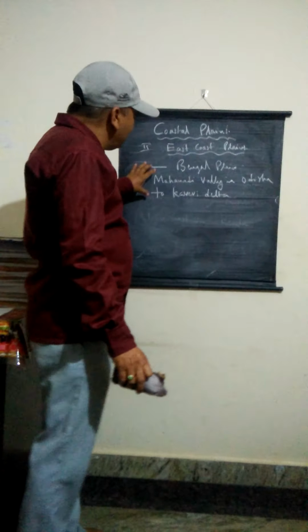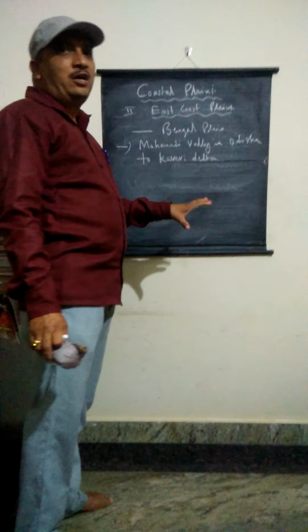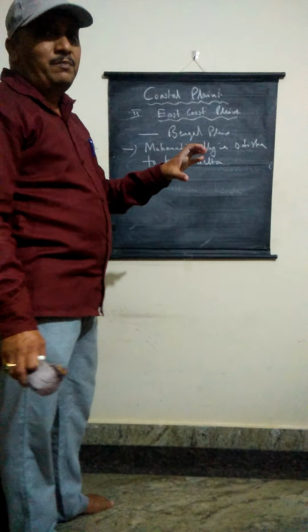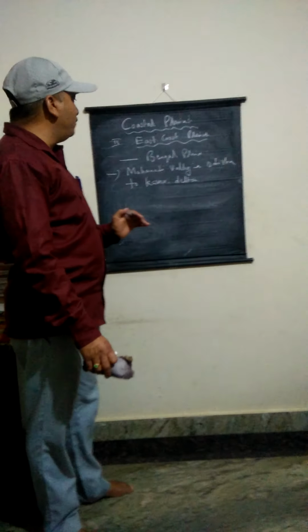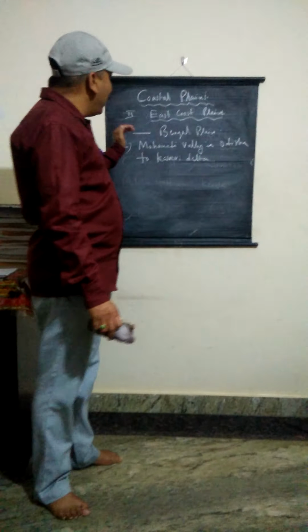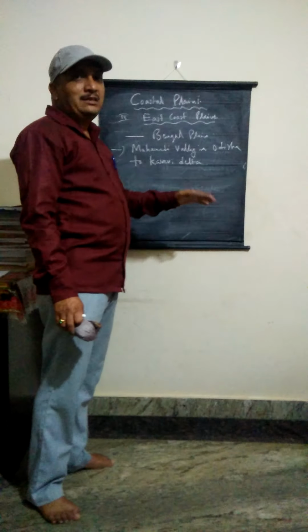These eastern plains are formed because of the Mahanadi river, Godavari river, Krishna river and Kaveri river. These rivers are the main cause to form the eastern plains.